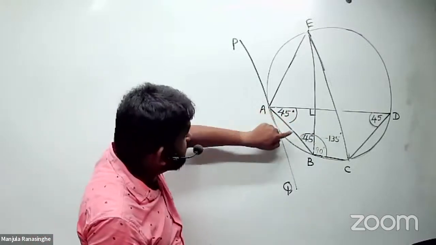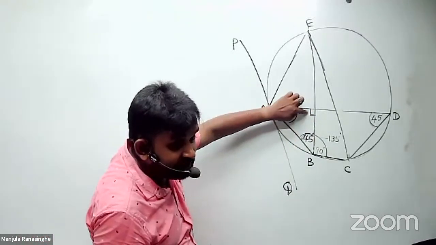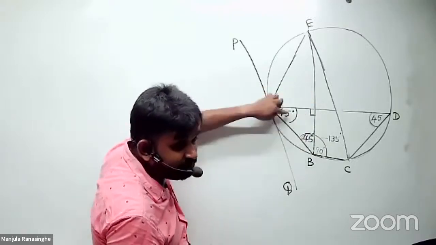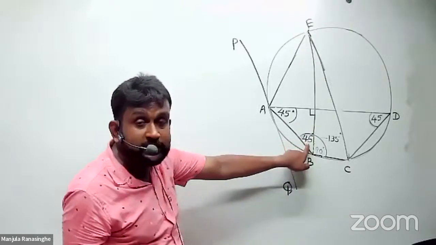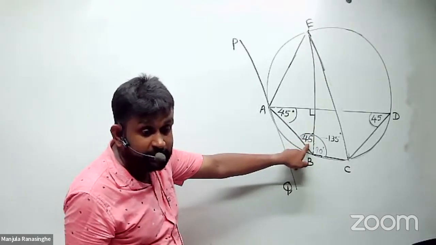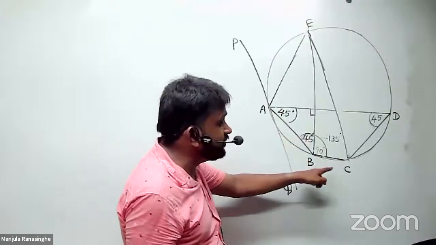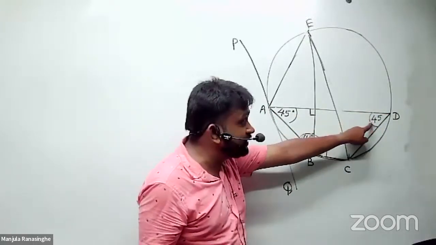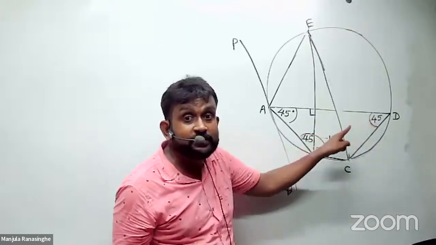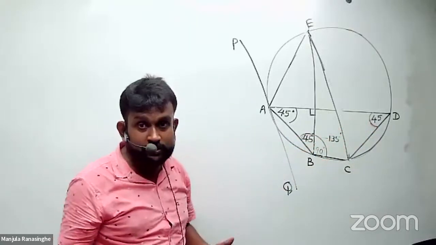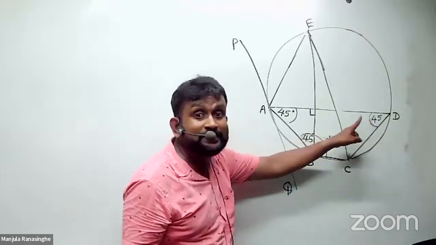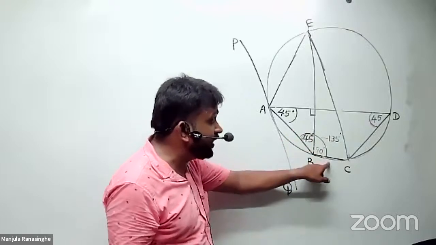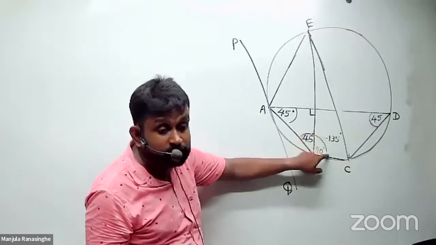So here the perpendicular is given, so 90 degree and 45 given. Using this small triangle, I can find out the small angle here is 45 degree. Now you can see ABCD is a cyclic quadrilateral, so these are opposite angles and these two sum to 180. That is a theorem under the cyclic quadrilateral. So this is 45, and the sum of these two parts is 180 subtract 45, that gives 135.